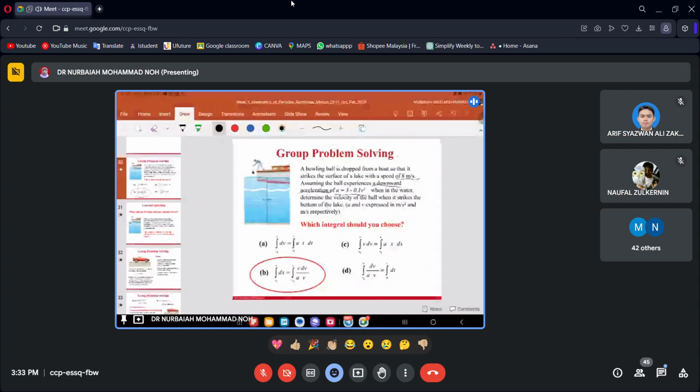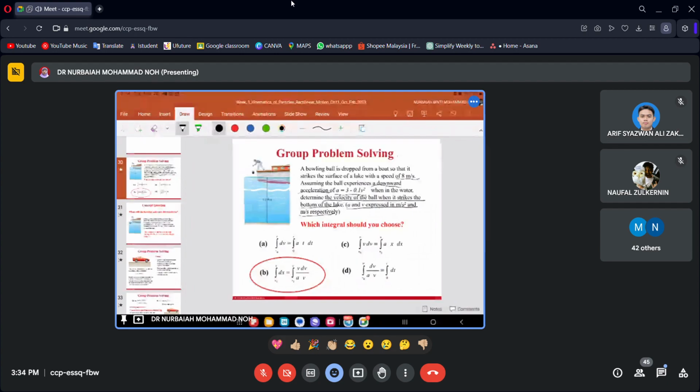Determine the velocity of the ball when it strike the bottom of the lake. A and V expressed in meter per second square and meter per second respectively. Okay, now we already read the question one time, then you have to read again in order to translate or illustrate it into diagram.